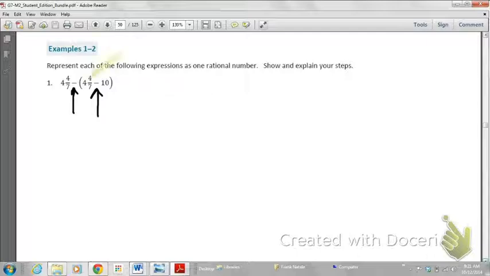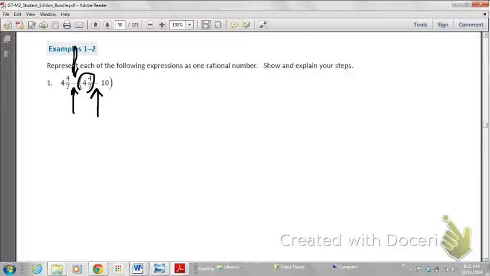Because right now, right here we see that this 4 and 4/7 within the parentheses is actually a positive number, but this negative sign in the front of that parentheses is going to make that become negative.